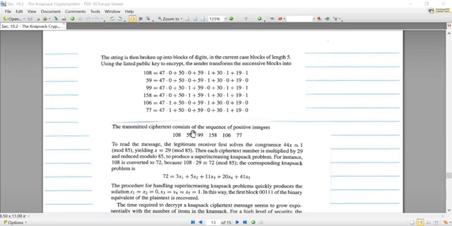And now by multiplying 108 by 29, we get 72, and then the corresponding knapsack problem is going to be solved using the secret key, which is 3, 5, 11, 20, and 41. And upon solving this, we're going to find actually the first block of the original plain text message.